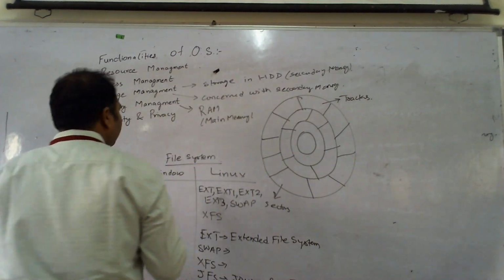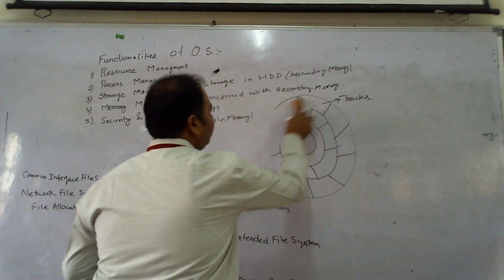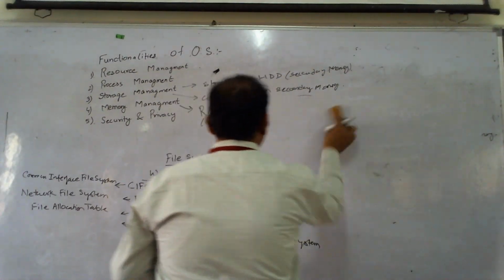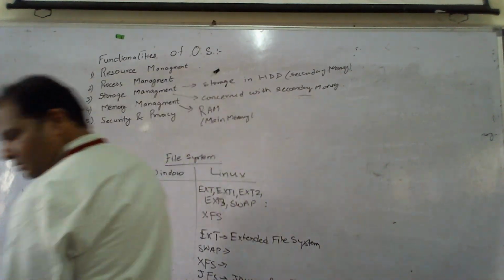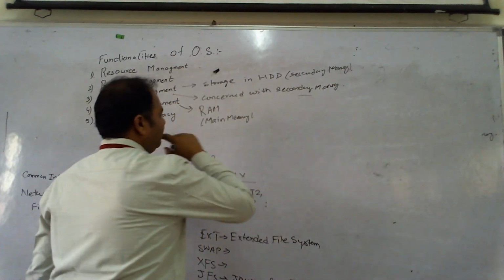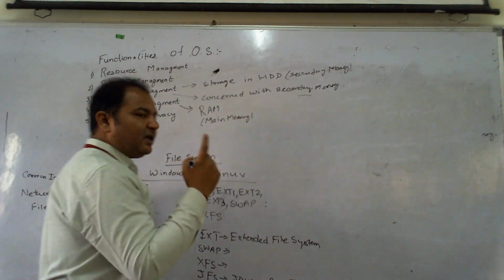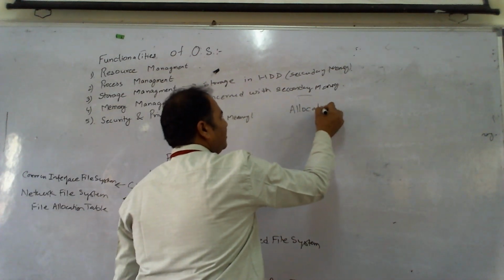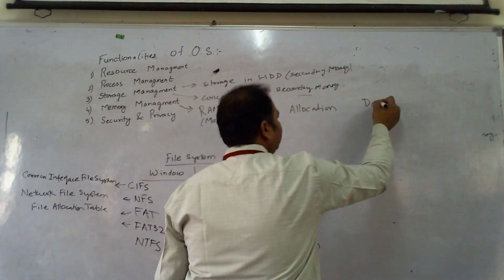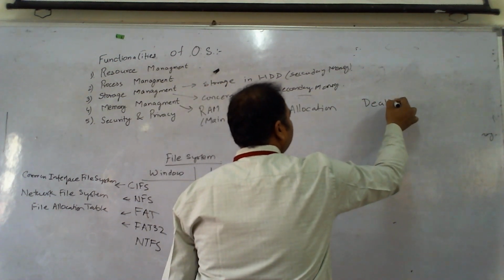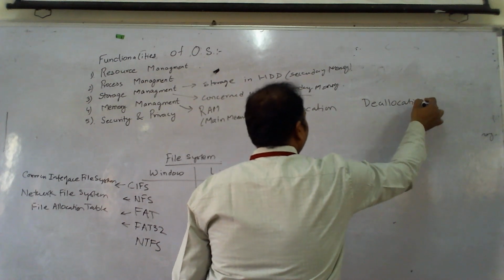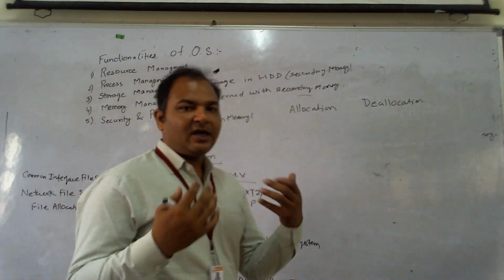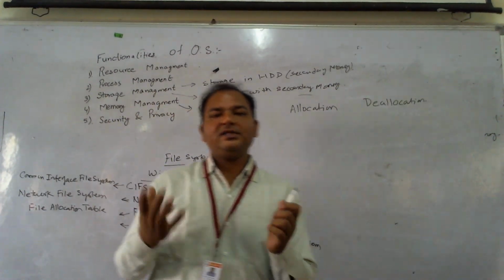Now I will discuss what is in memory management. In memory there are two things: one is allocation and the second is deallocation. Allocation means when any task or process comes for execution.